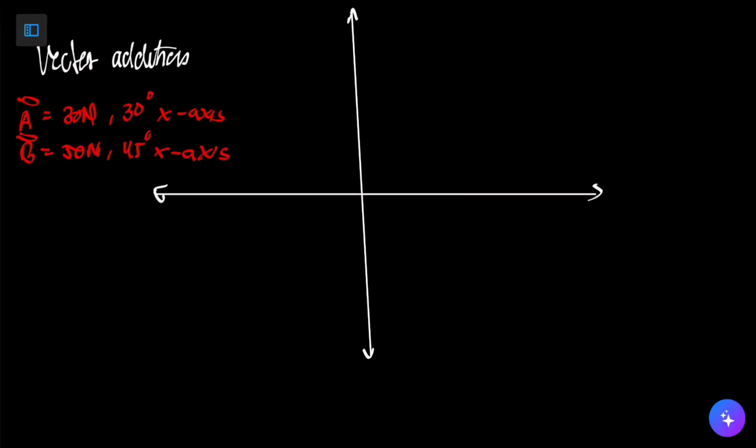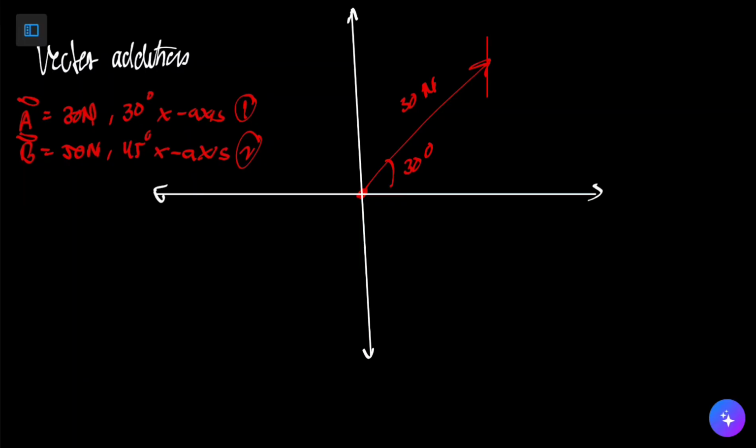So, as I said earlier, whenever we start drawing our first vector, we need to start at the origin. So, let's say this is your first vector and this is your second vector. It's 30 degrees and it's 30 newtons. So, that's the first vector. For the second vector, you don't want to start at the origin again, because the origin belongs already to the first vector.